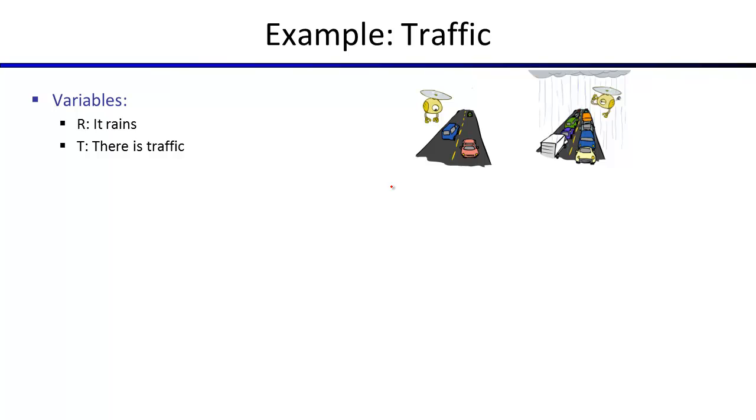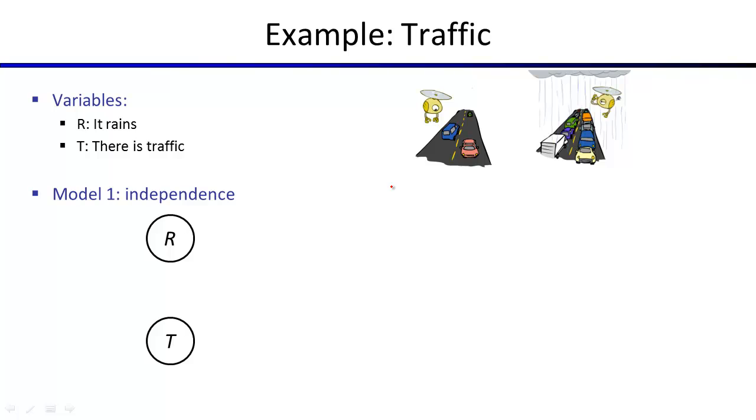How about the rain and traffic scenario? 2 random variables. One suggestion is rain pointing to traffic. The rationale would be, well, rain tends to cause whether there is traffic or not. So that's our model.